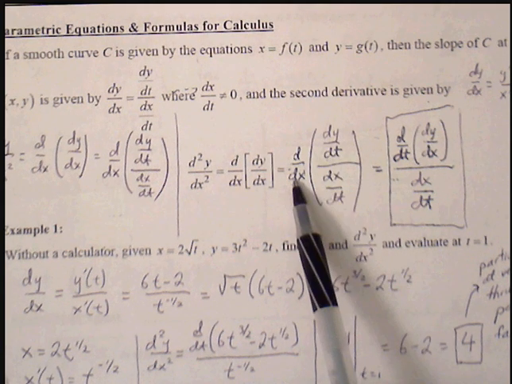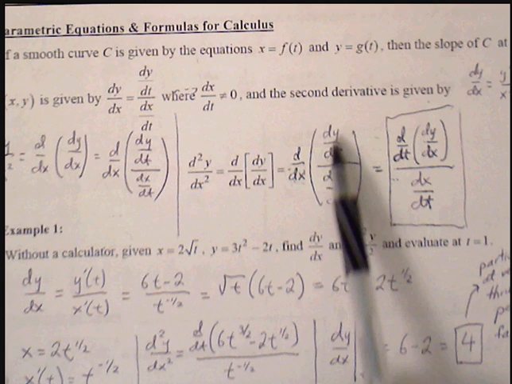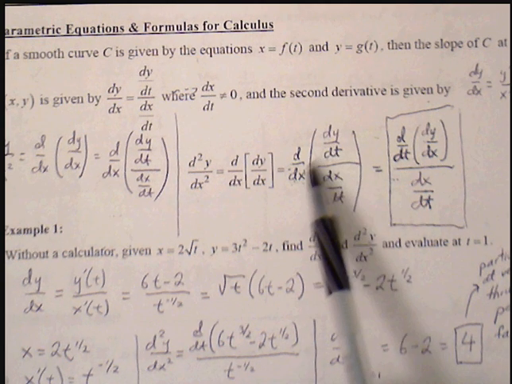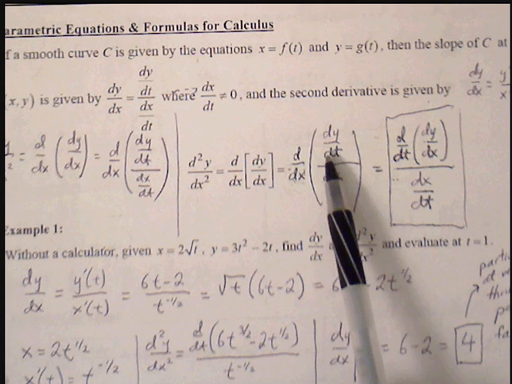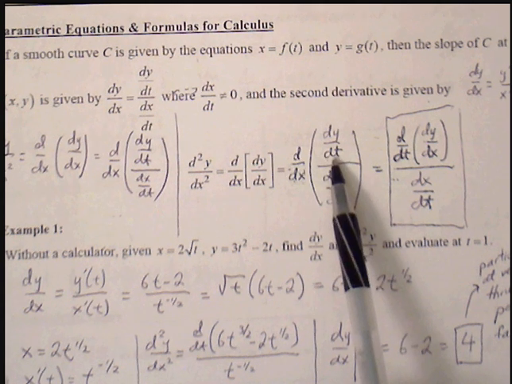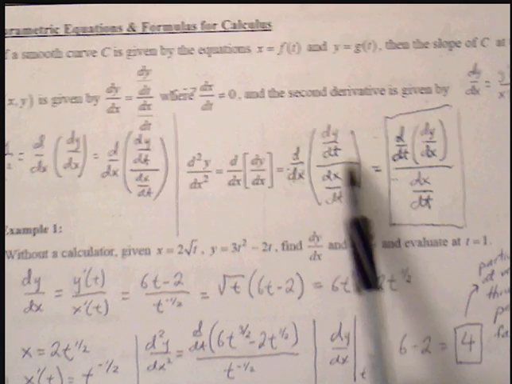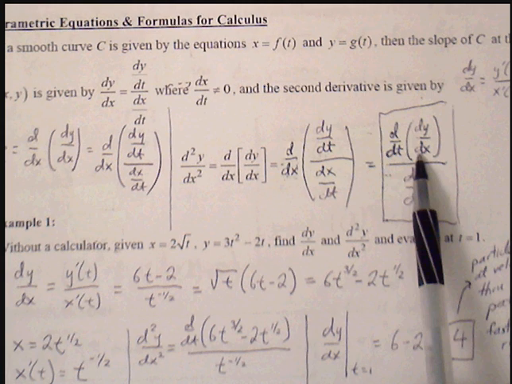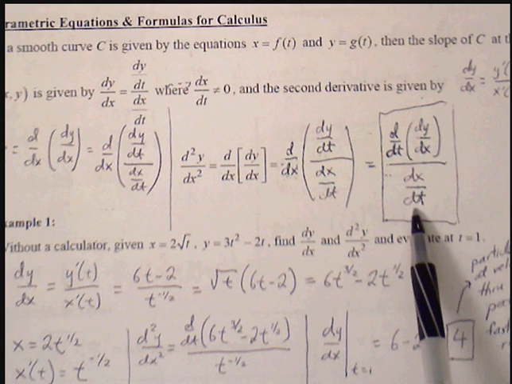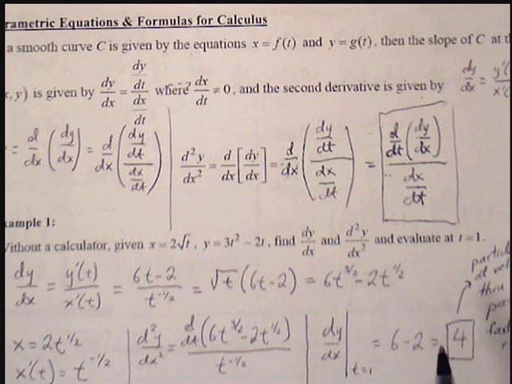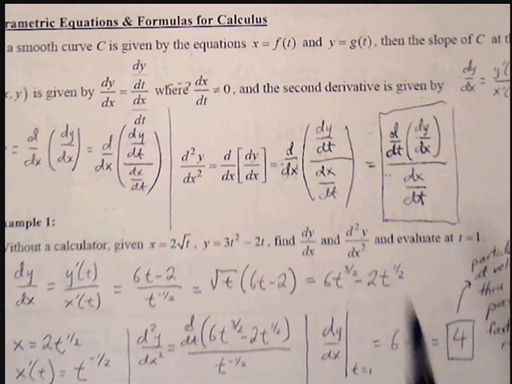So if I put the d/dx of dy/dt, I can rearrange and swap these denominators to end up with the rule for the second derivative, which is d/dt of dy/dx, all over dx/dt.